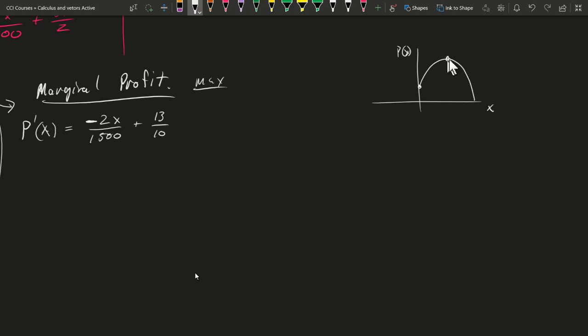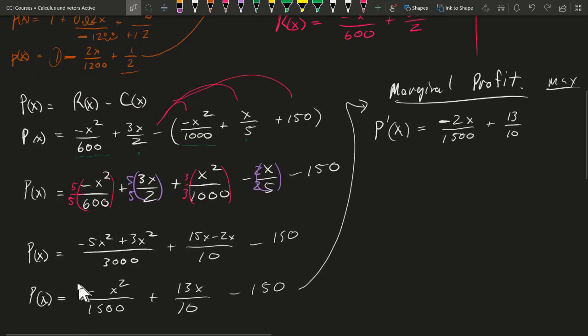And there's some point x in sales right here where I will have a maximum amount of profit. And how do I find that? Well, this is p of x, by the way. I made a mistake. I was referring to p prime, but I meant to refer to p of x.